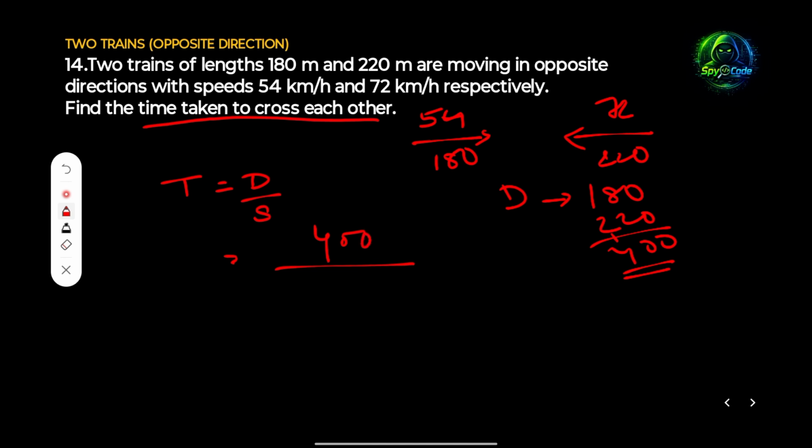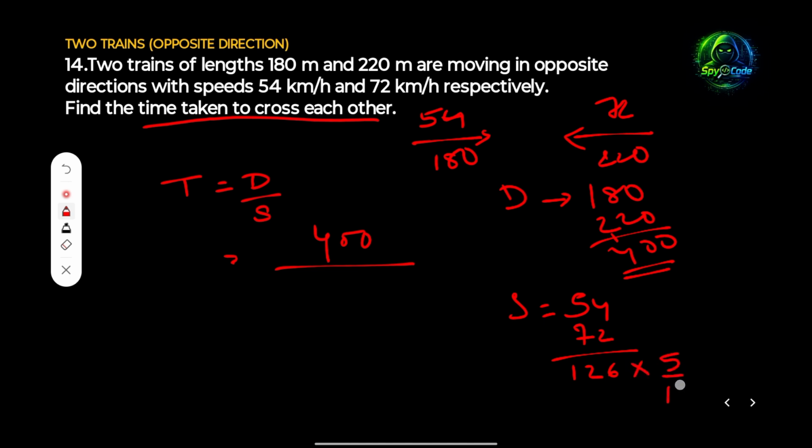Similarly, speed is S1 plus S2, 54 plus 72, which is 126 kilometers per hour.